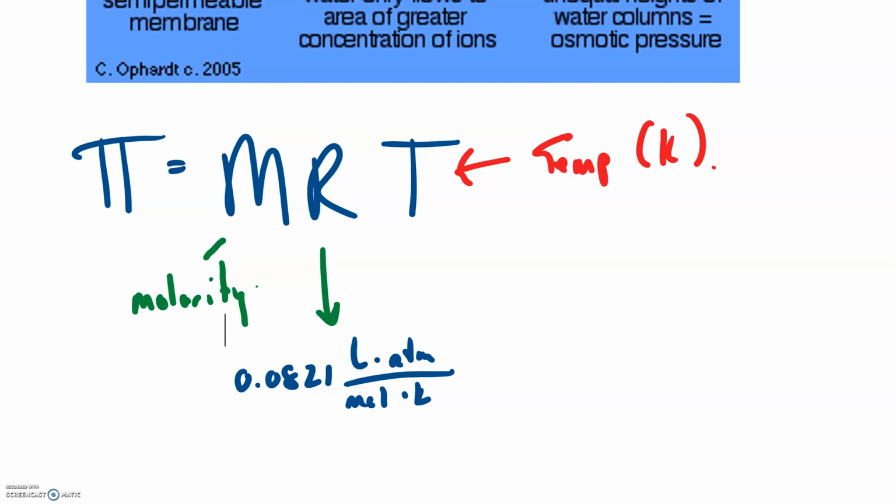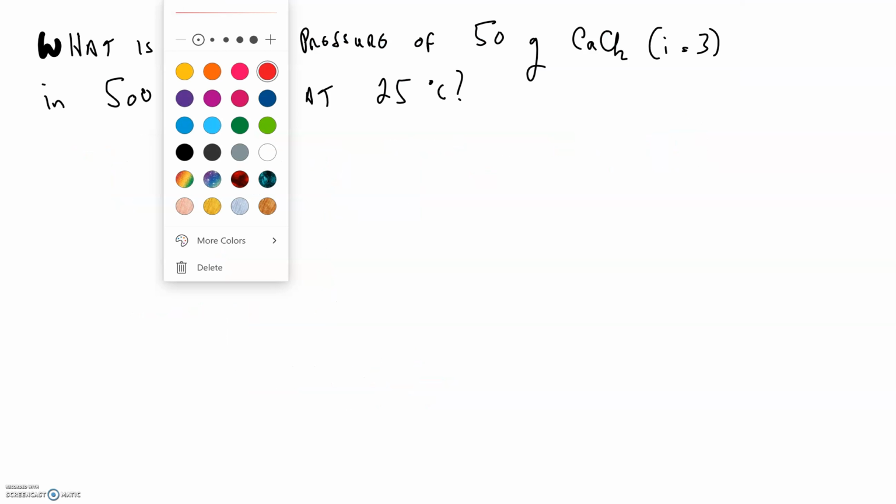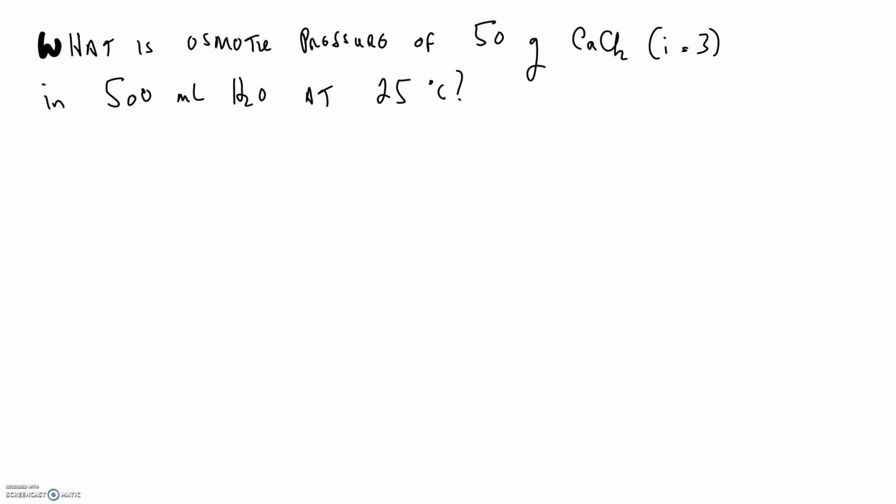Let's try one. Okay, here's one. What's the osmotic pressure of 50 grams of calcium chloride? It's an electrolyte with a Van't Hoff factor of 3 and 500 mils of water at 25 degrees Celsius. So the first thing we want to do is find out how many moles of CaCl2 we have.